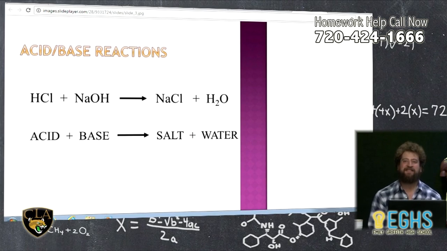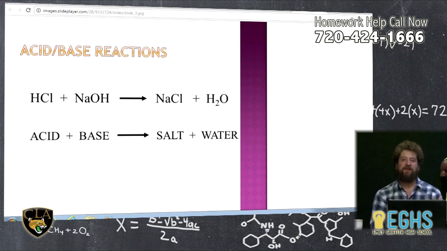When we mix acids and bases together, what we get as a result are salt and water. A really classic example is the mixture of hydrochloric acid, whose chemical formula is HCl, and sodium hydroxide, which has a chemical formula of NaOH.